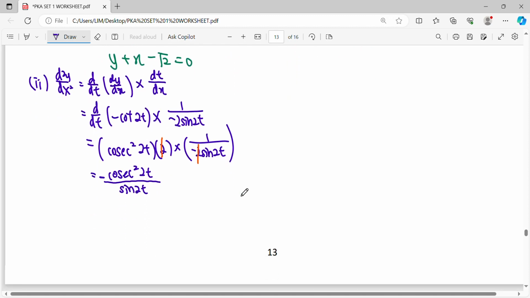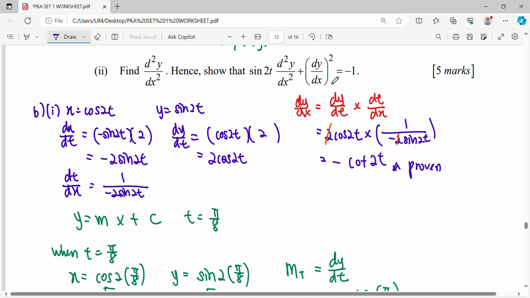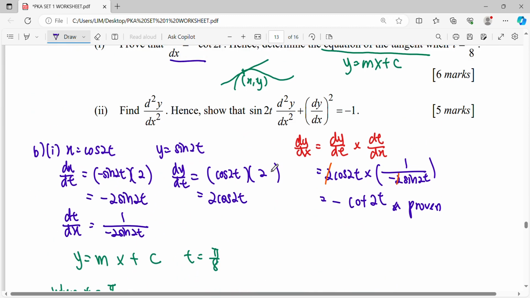Alright, so we found this. Then we have to show this. So you have two methods. Either we modify or we use the substitution method. So when we see our d2y/dx square, it seems like we don't have any relation with previously, so we can try using the substitution method.